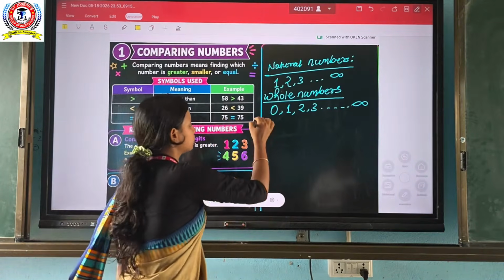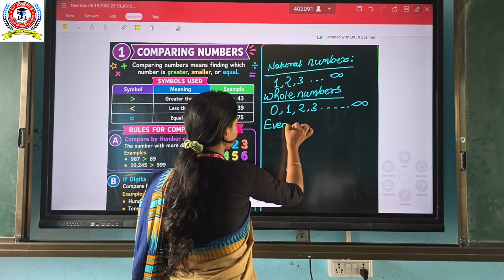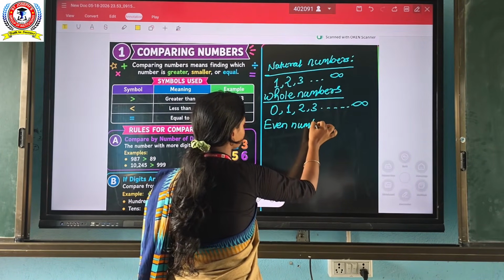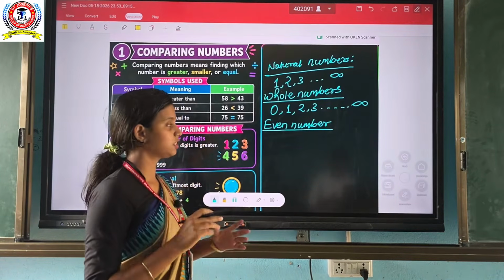Next number type was even number. What are even numbers?